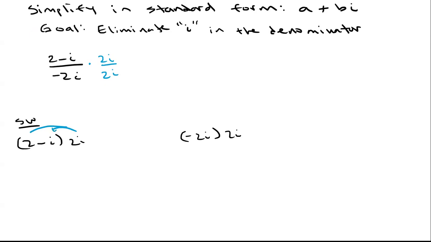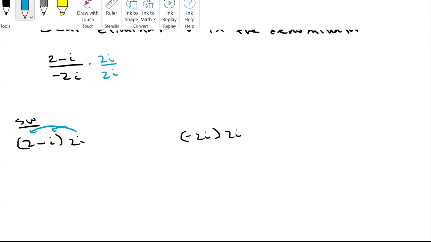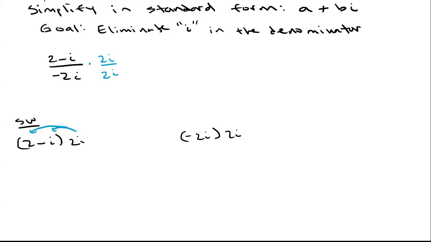So when we do that, we get 4i minus 2i squared. So again, remember i squared is just -1. So this is 4i minus 2 times -1. So that would be 4i. Two negatives will give us a positive, or -2 times -1 is a positive 2.